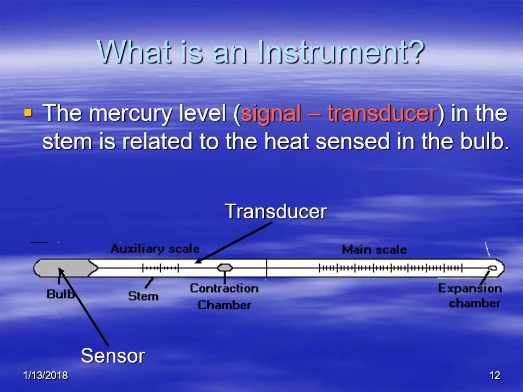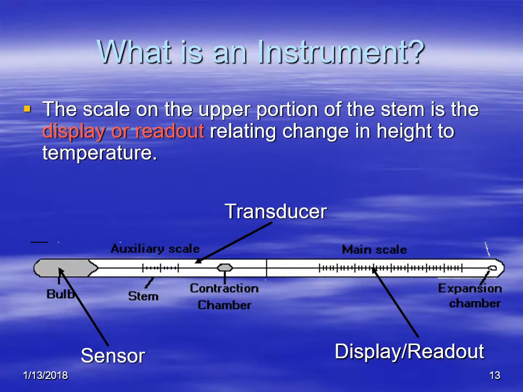As a result of the expansion, the capillary is filled with alcohol that expands and moves. And then finally, on an old thermometer like this, whether it be liquid-in-glass filled with mercury or alcohol, there's always a display, one way of measuring or trying to interpret the change in the sensor and the transducer. So the display helps you determine what the actual value is.